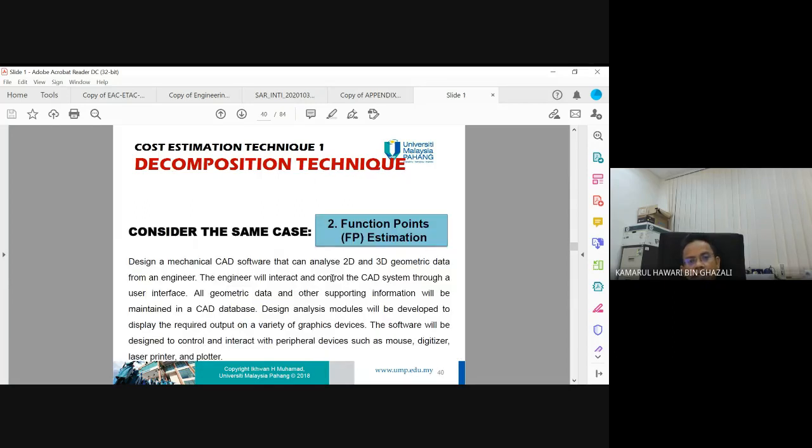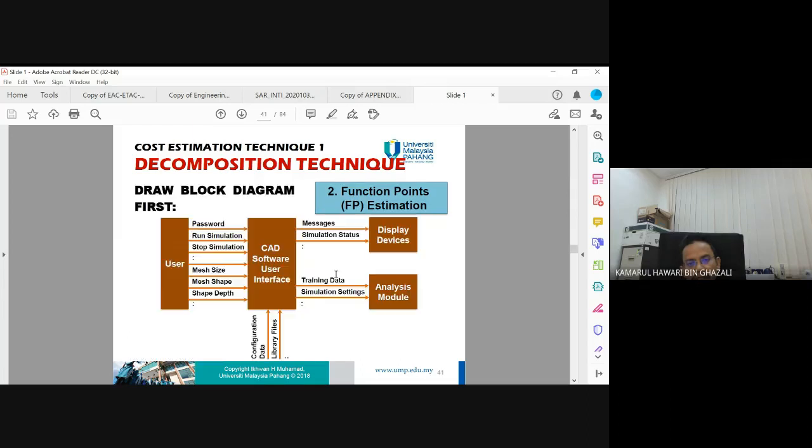Consider the same case, function points, FP estimation. So this is another way to calculate the cost, which is FP function points estimation. So draw the block diagram first.